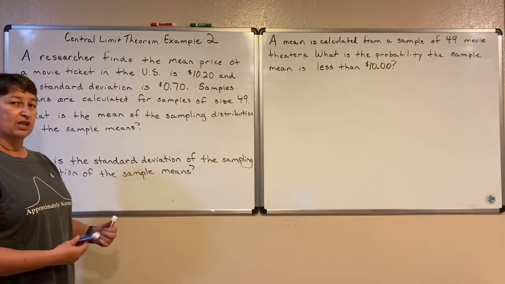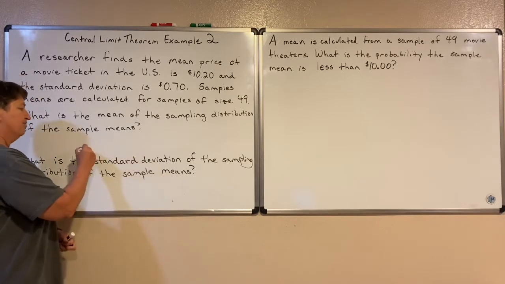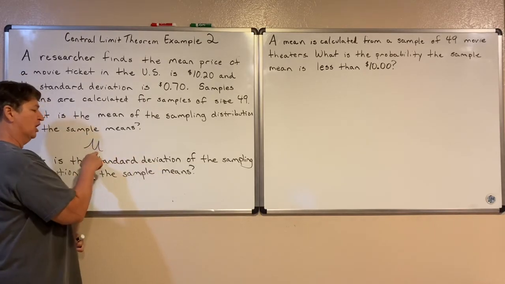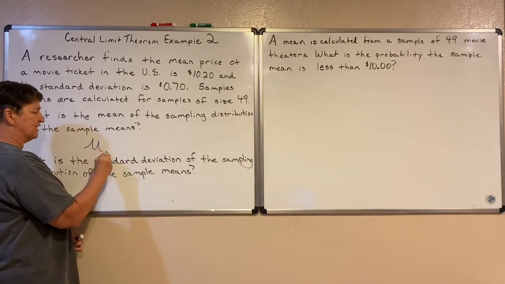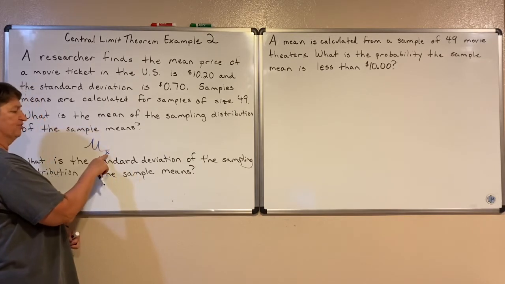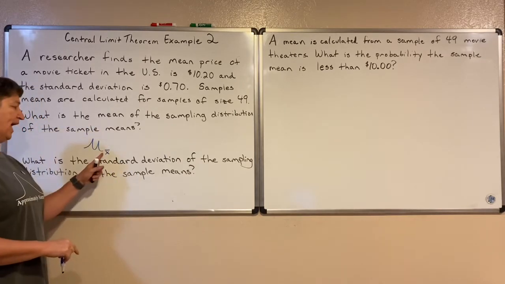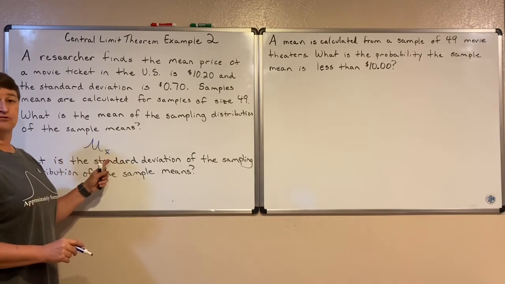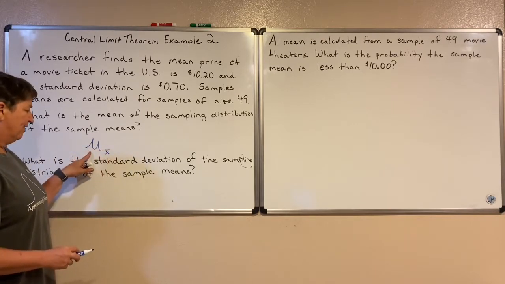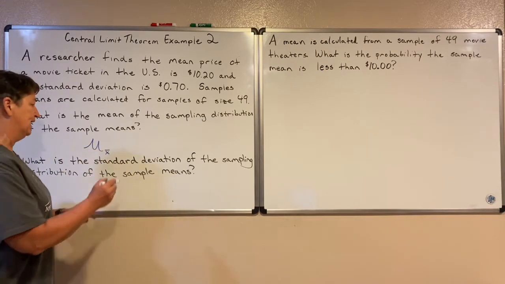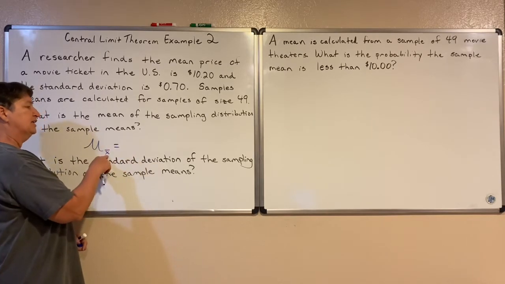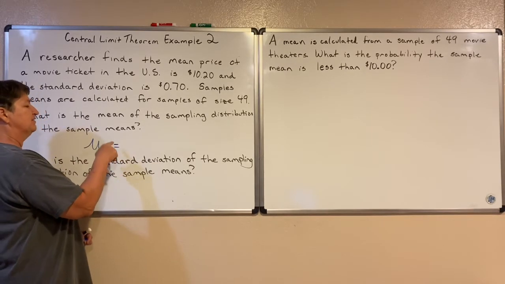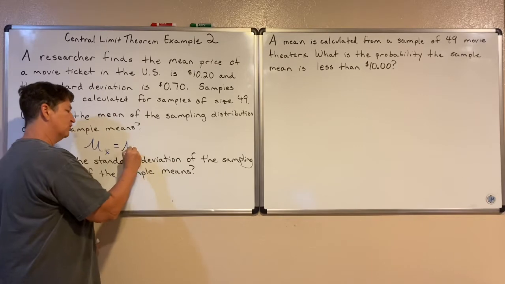Well, the central limit theorem tells us that the mean of our sampling distribution of sample means, remember that X bar is for the sample mean and mu is for the mean, is equal to the population mean.